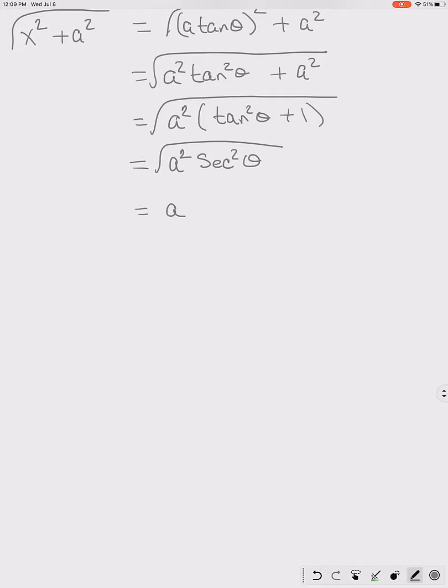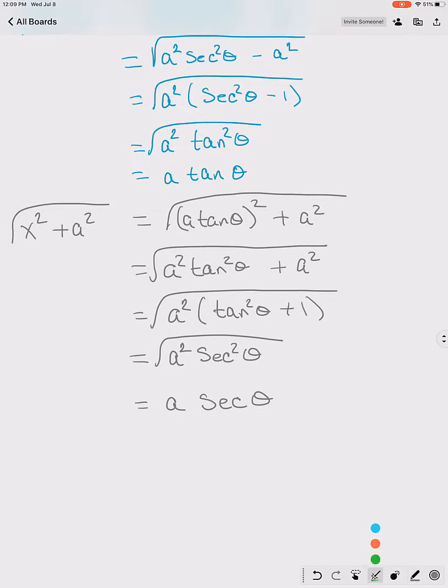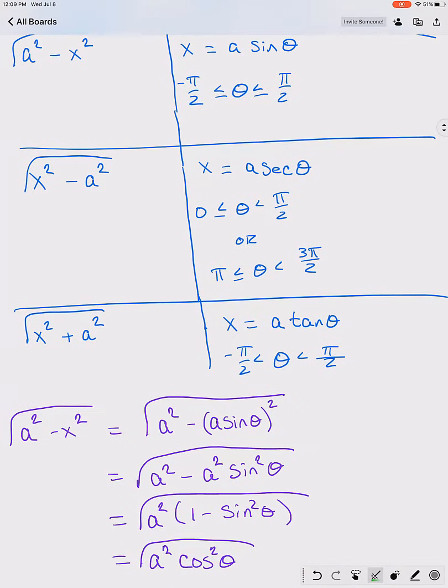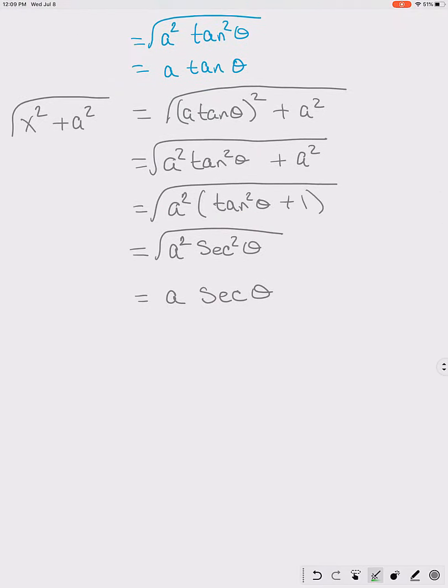And then that simplifies to a times the secant of theta. And once again, I would need an absolute value symbol here. However, because of the restriction, I have theta lying between negative pi over 2 and positive pi over 2, and secant on that interval is always positive.